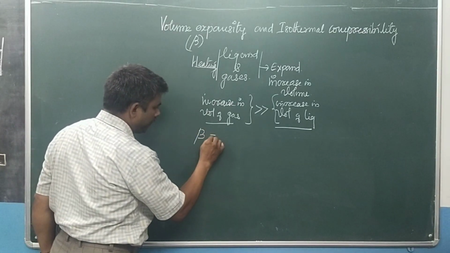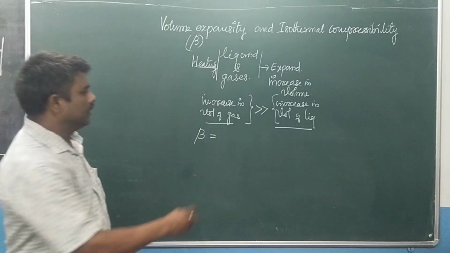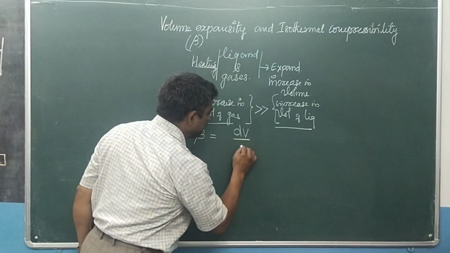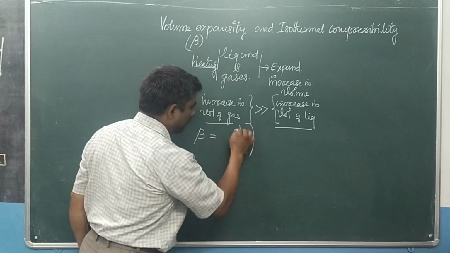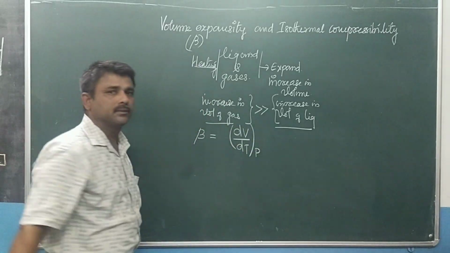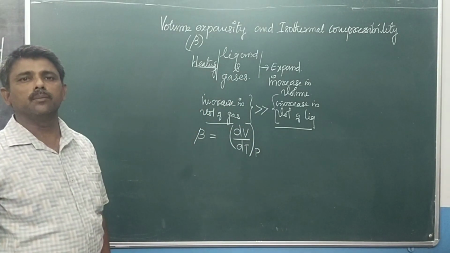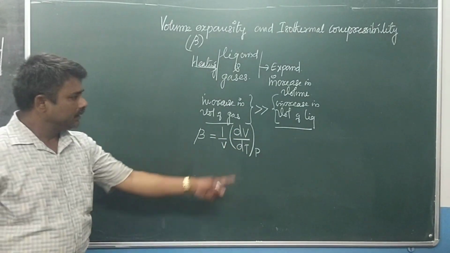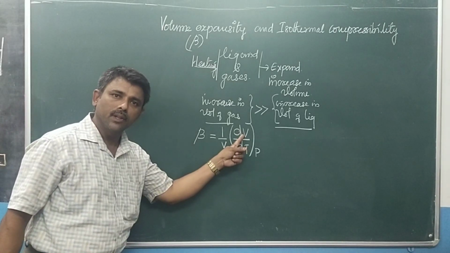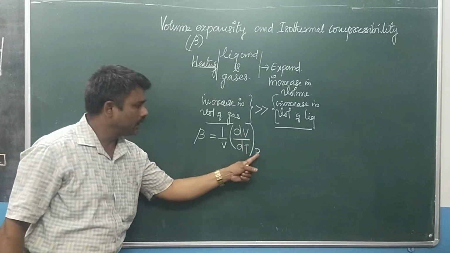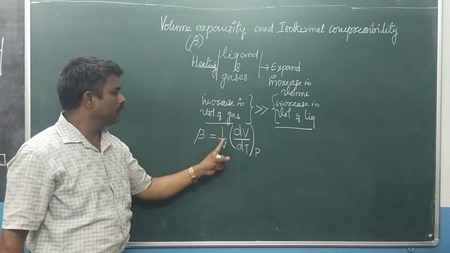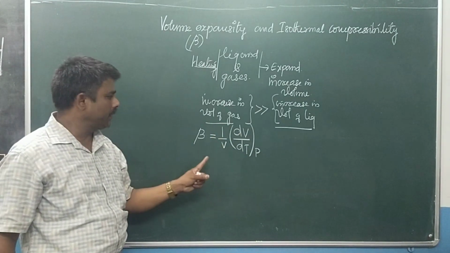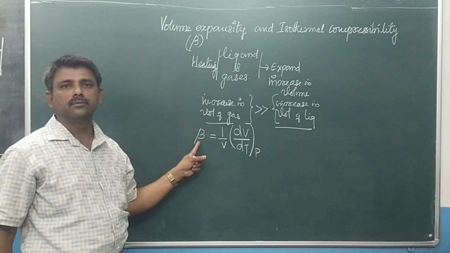Volume expansivity beta is the increase in volume upon increase in temperature at constant pressure per unit volume of the substance. Clear?